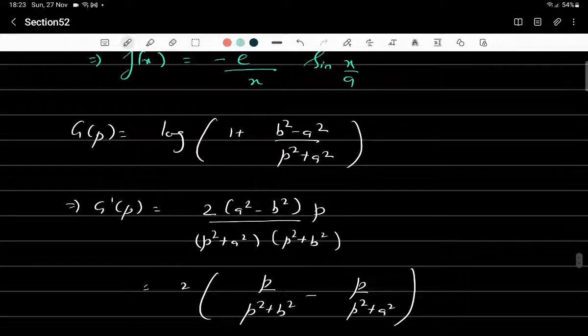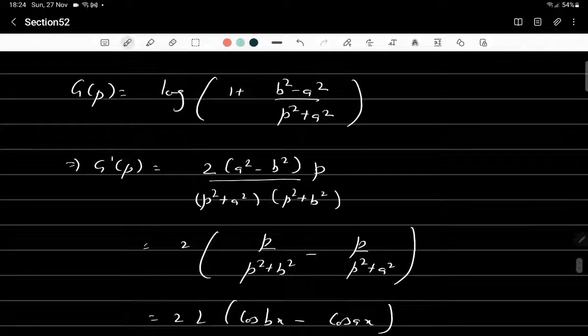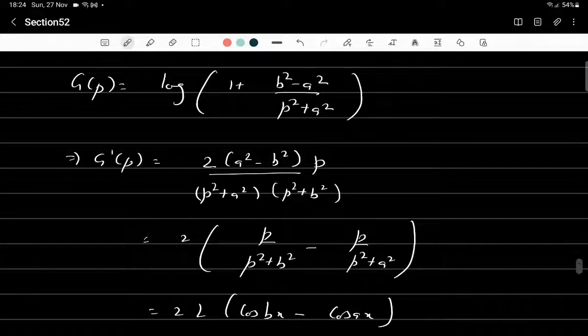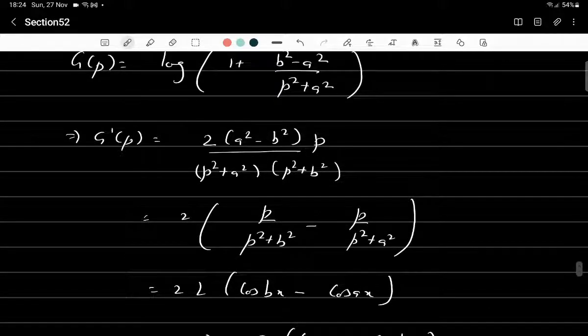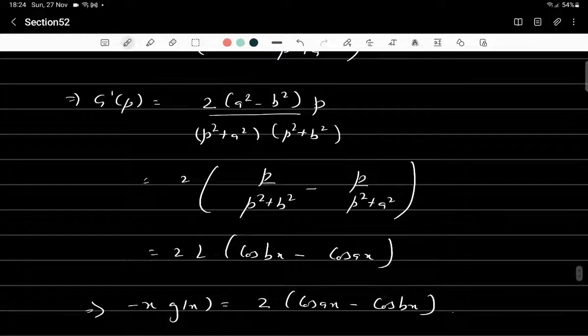By using partial fractions, it turns out to be 2p by (p square plus b square) minus p by (p square plus a square), which is Laplace of cos bx minus Laplace of cos ax, and it is Laplace of minus x g of x. If I take Laplace inverse on both sides, I will get minus x g of x as this one. From there I will get g of x. So I have both f of x and g of x. So this completes the chapter Laplace transform. Thank you.